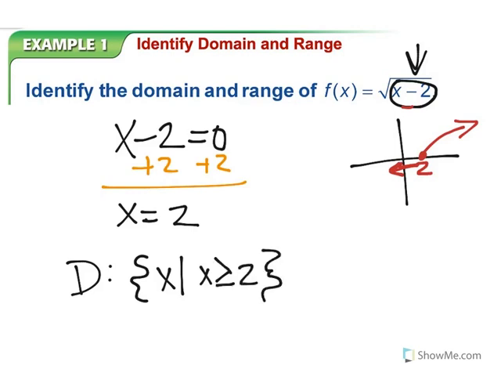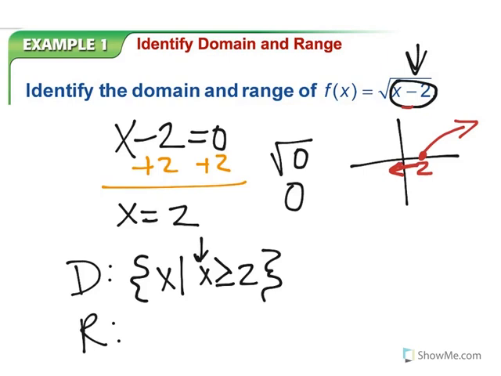This is saying everything that is greater than 2, it can actually be equal to 2 because you can get the square root of 0, which is 0. So that's okay.